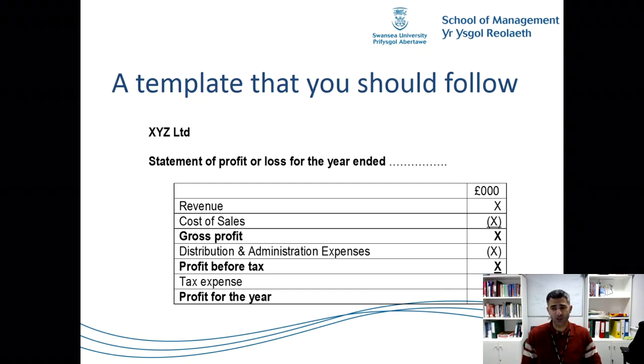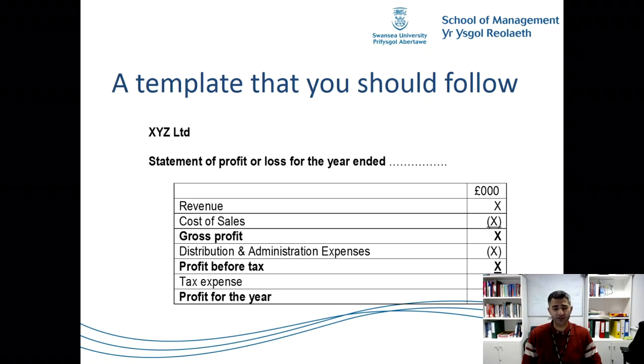In this case, when you come to bracket, can you see the bracket here, guys? It is minus. Bracket means minus. So revenue minus cost of sales equals gross profit. Gross profit minus distribution and admin expenses is equal to profit before tax, or operating profit.